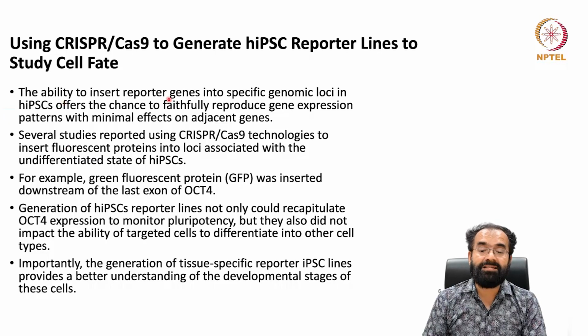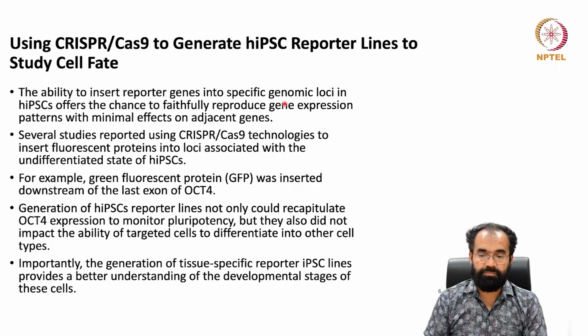The ability to insert reporter genes, say GFP, say RFP, or any other reporter molecule, into specific genomic loci means that if you want to study the expression of a given gene, you simply integrate a GFP downstream of that gene so that the gene is not affected, but you will be able to see the GFP expression in vitro or in a live animal under the microscope.